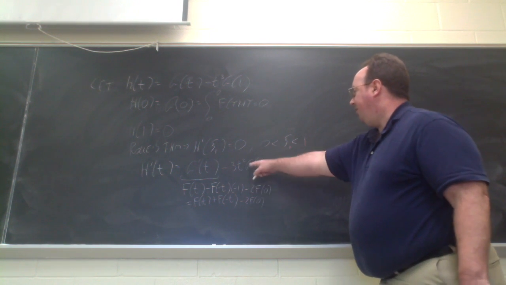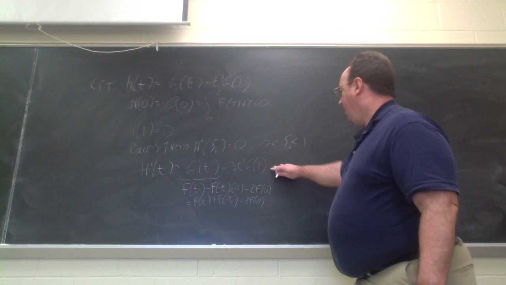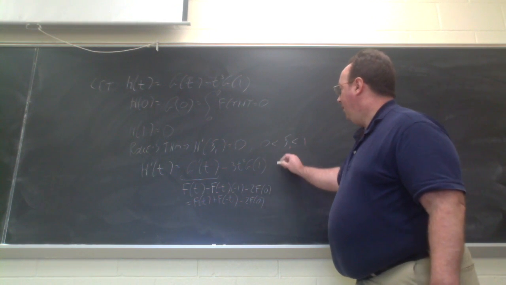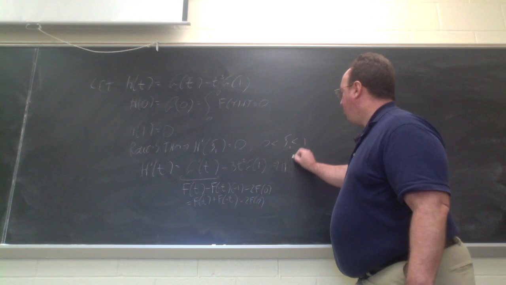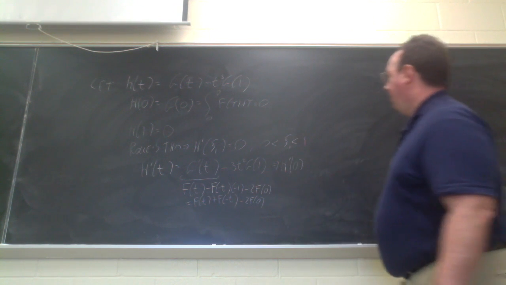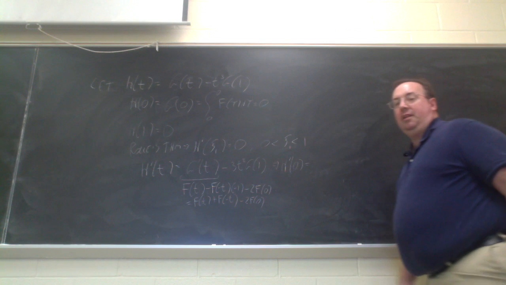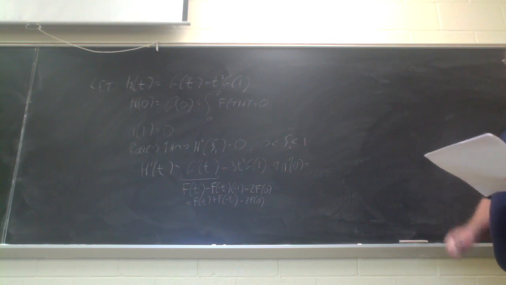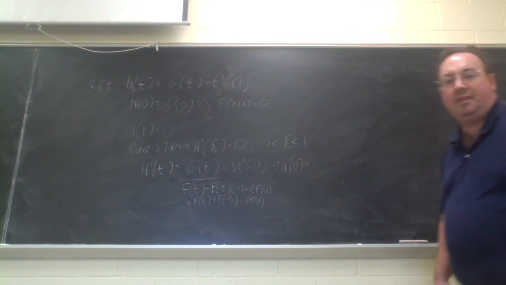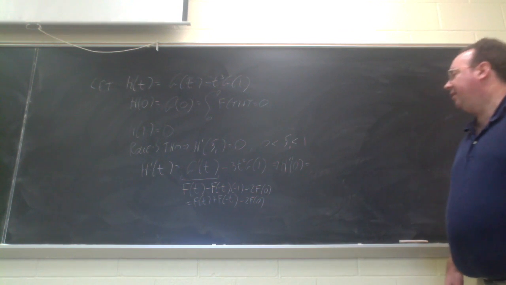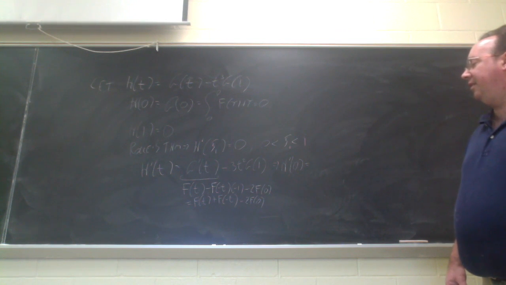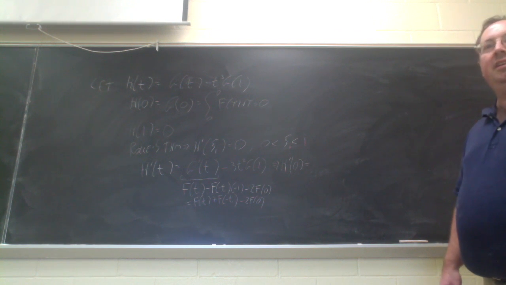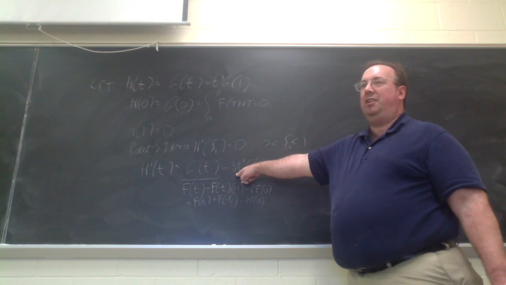So what would big H prime of 0 be? It's 0, because F of 0 plus F of 0 is 2 F of 0, minus 2 F of 0. Yes. And then this would go away because we're plugging in t equals 0.